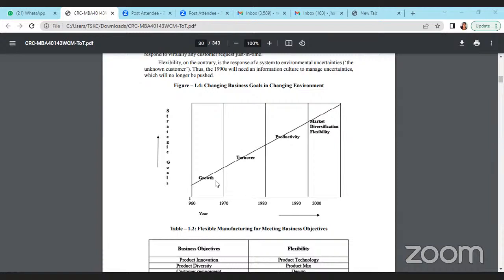Later, they wanted to increase turnover. Then comes productivity in the 1990s, and in 2000 it moves to market diversification and flexibility. It means most of their products had been realized and reused by the customers, so they think of going for diversification of products in the market, and not only in the market but also in the organizations.